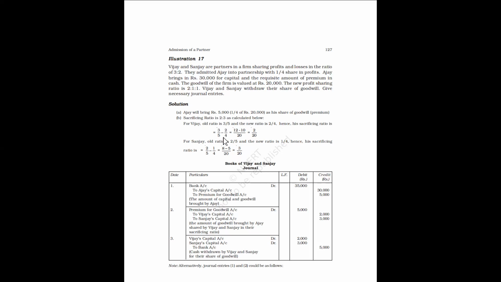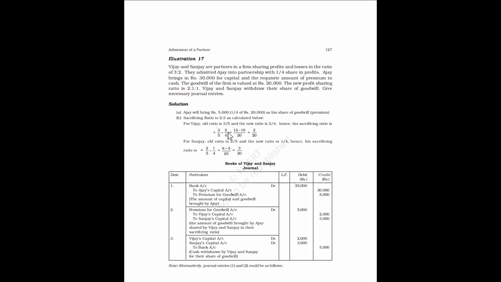3/5 minus 2/4 is equal to, the denominator is not the same, so you have to equalize that. 3/5 into 4/4: 4 3s are 12, 5 4s are 20, now 12/20.